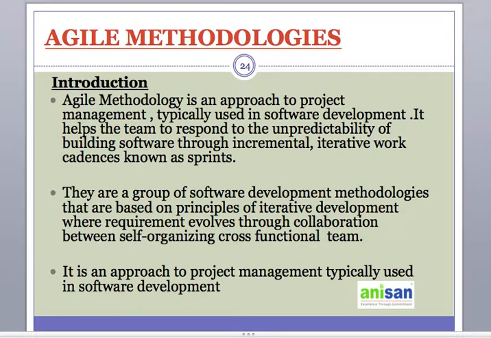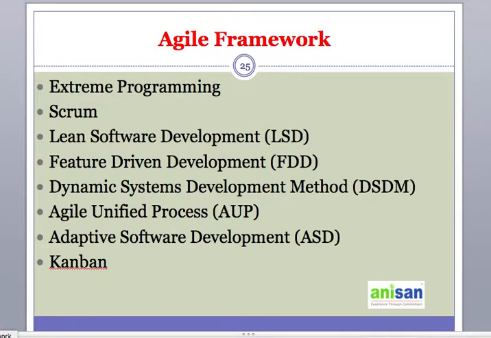So let's go to the Agile framework. When we talk about the Agile framework, there are several methodologies within it. Some of them are listed here, like extreme programming, Scrum, Lean software development (LSD), feature-driven development (FDD), dynamic system development method (DSDM), Agile Unified Process (AUP), adaptive software development (ASD), and Kanban.